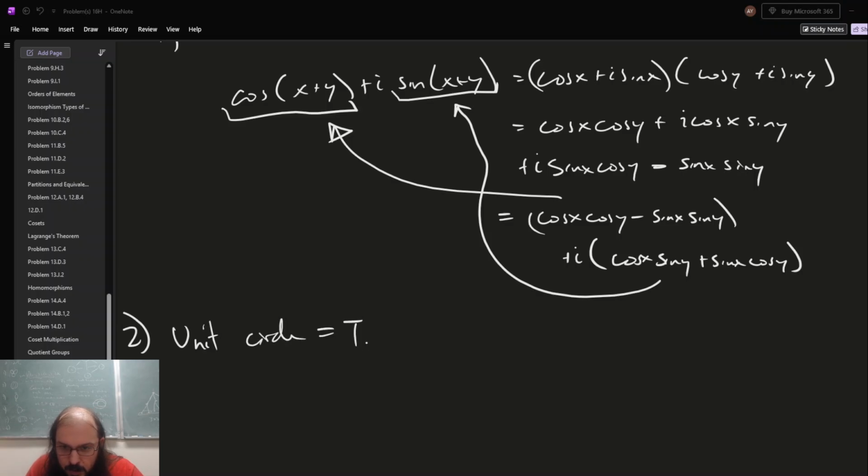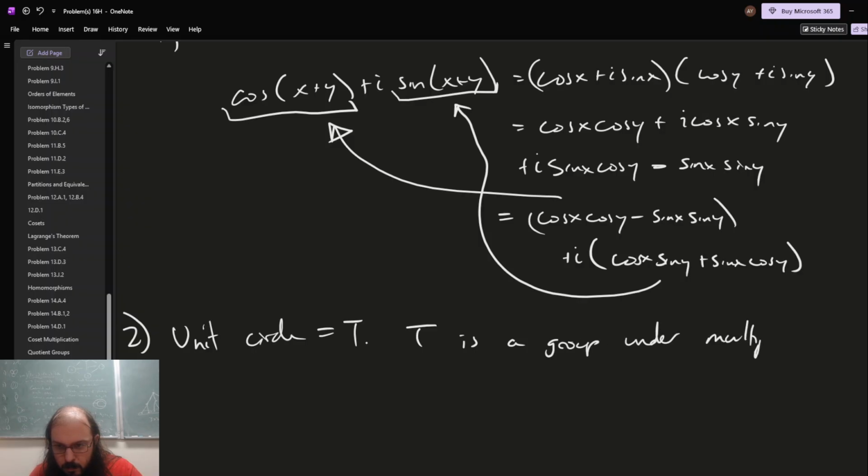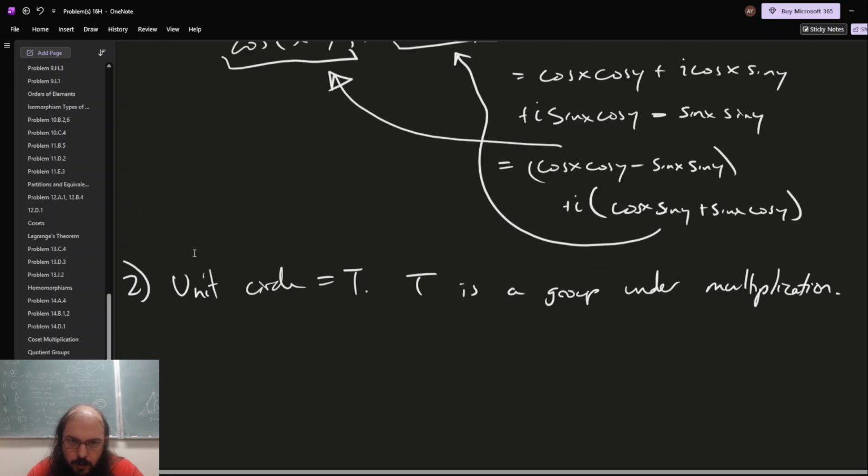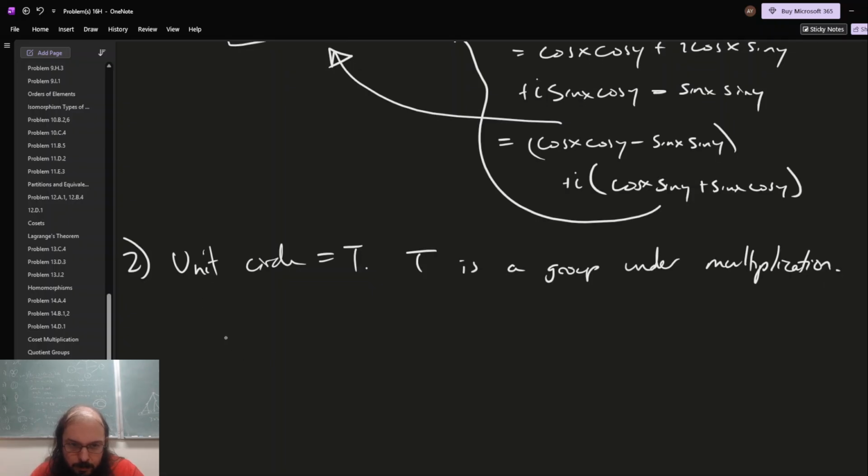Okay. Now, Pinter says for part 2, we will call the unit circle T. And then he says, using what we just saw, show that T is a group under multiplication. Okay, so the identity element is 1, right? The unit complex numbers.